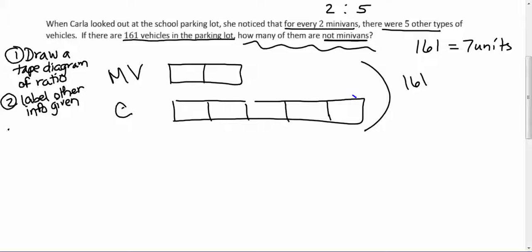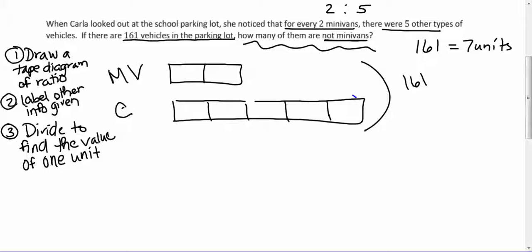Then you're going to use the process of division. I should say divide. I'm going to erase that. And write divide to find the value of 1 unit.